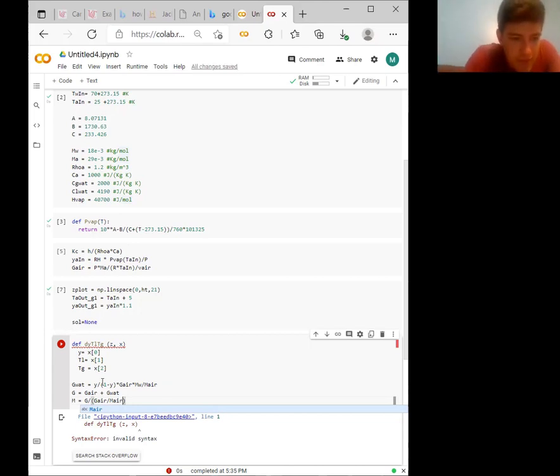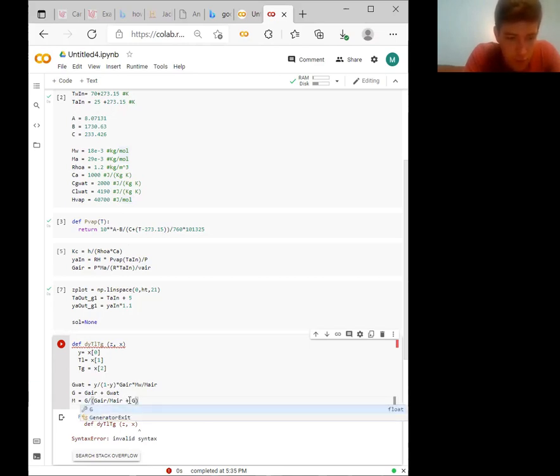So we're going to take the molar flow rate of the entire system divided by the molar flow rate of air over the molar mass of air. My mistake. And then this would be added to the exact same thing, but for water.